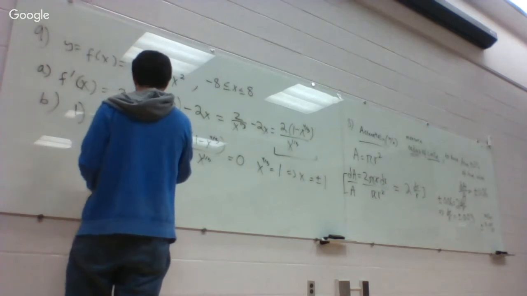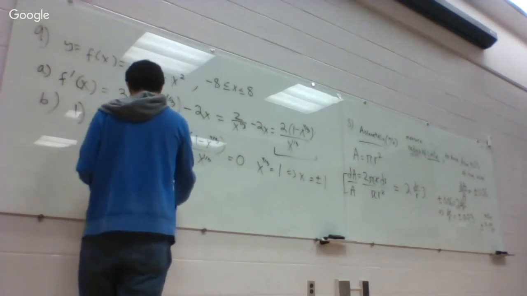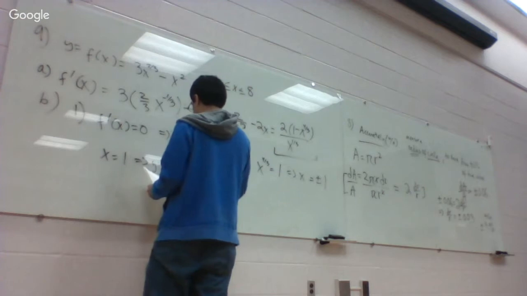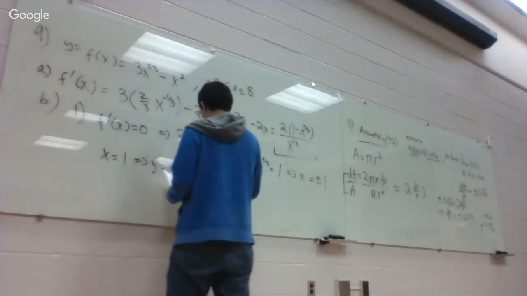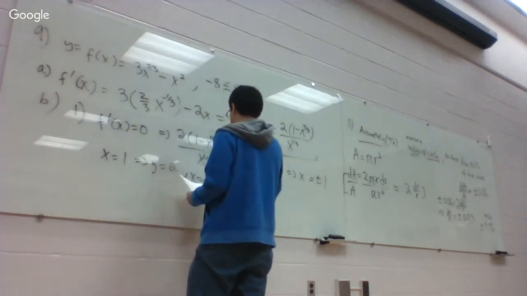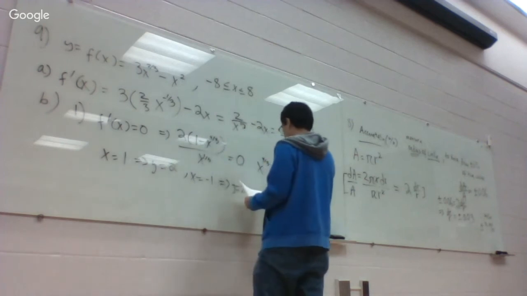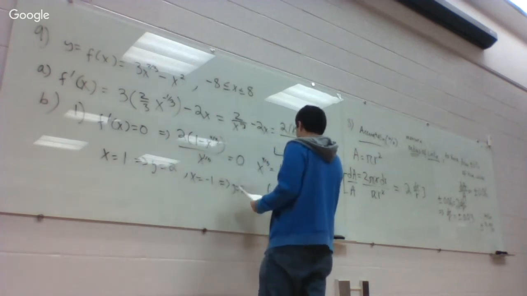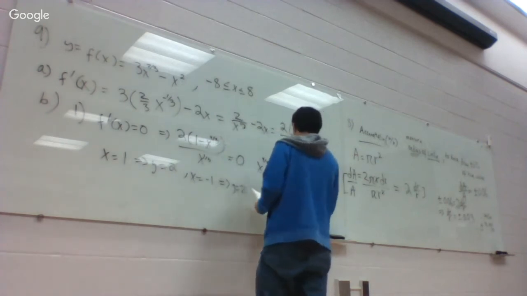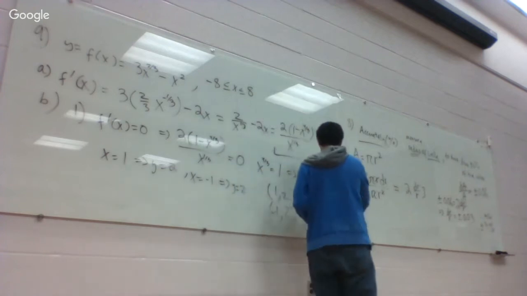So when x is equal to 1, y is equal to 2. When x is equal to negative 1, y is equal to 2 again. So we have the 2 coordinates, 1, 2, and negative 1, 2.